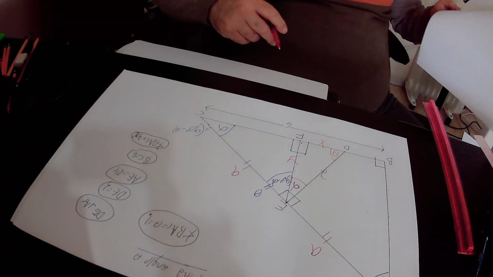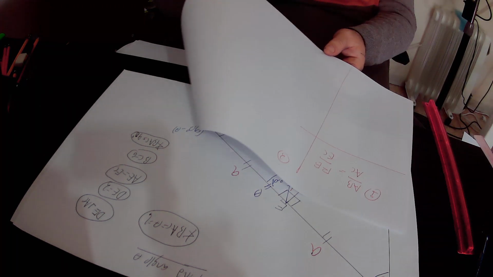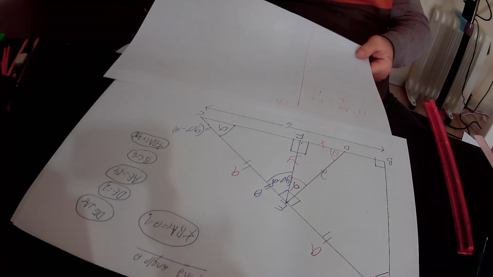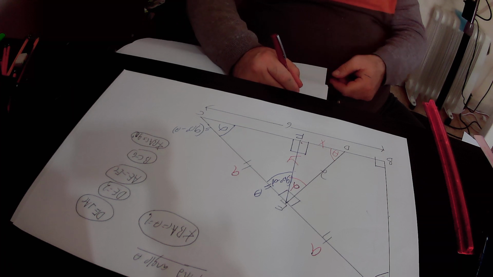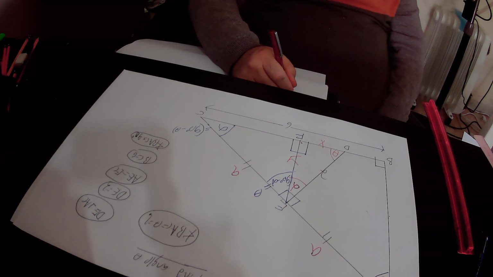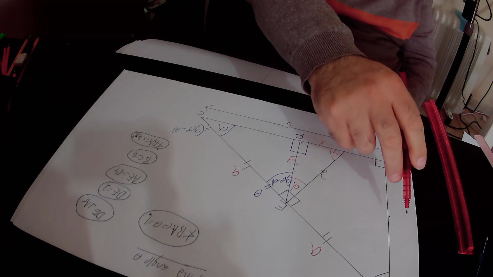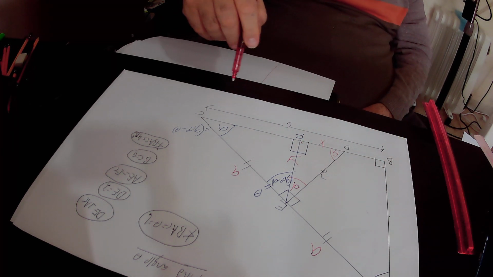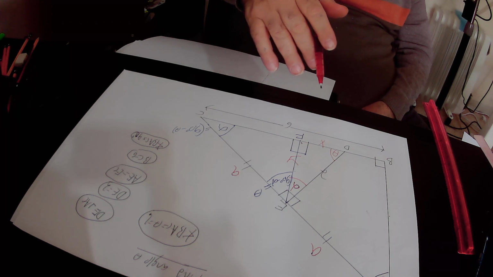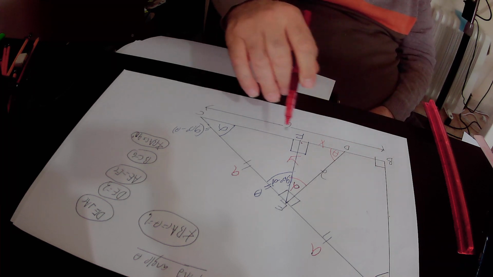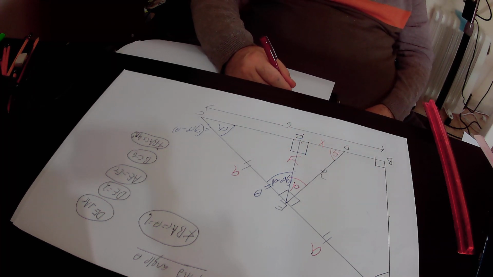So here, according to equation number 1, AB over AC. What is the length of the hypotenuse AC? According to our definition, the length of the hypotenuse AC equals A plus A, that is 2A.